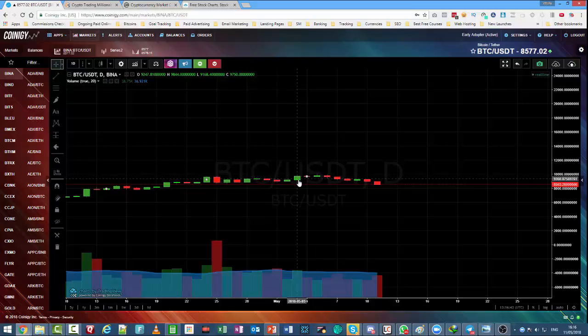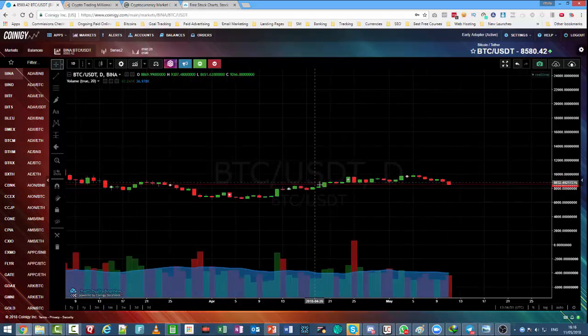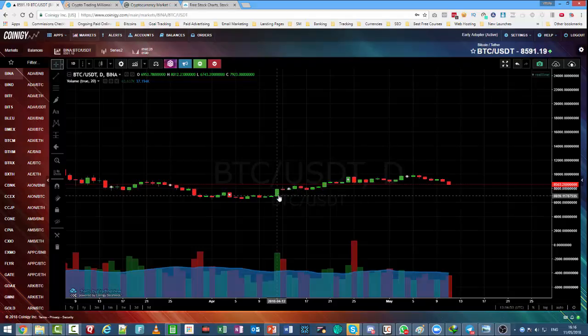So you see the open price for the day and the close price for the day. The green basically indicates there are more buyers than sellers, so that's why the price goes up.